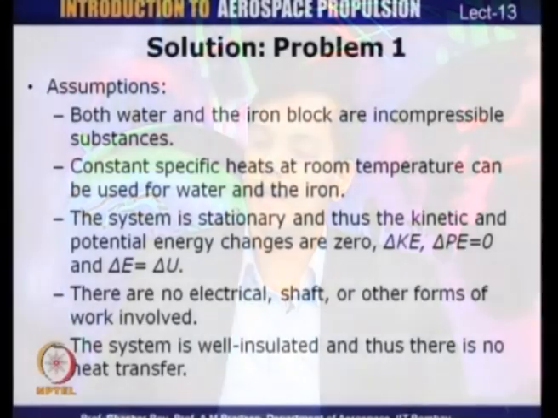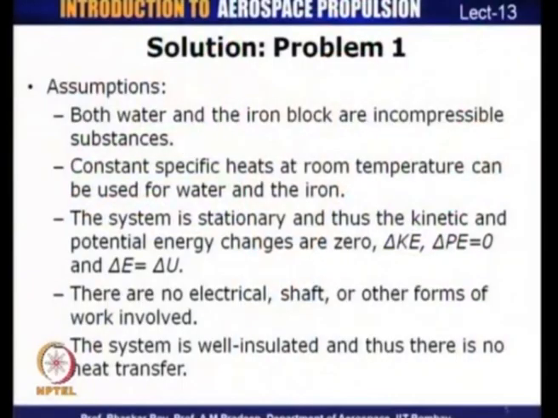Now, let us look at the assumptions which are implicit in solving such a problem. Basically, both water and iron are incompressible, which means that we can assume one particular value of specific heat. There is nothing like specific heat at constant volume and specific heat at constant pressure. Then we shall assume that specific heat is a constant for the temperature range we are looking at.